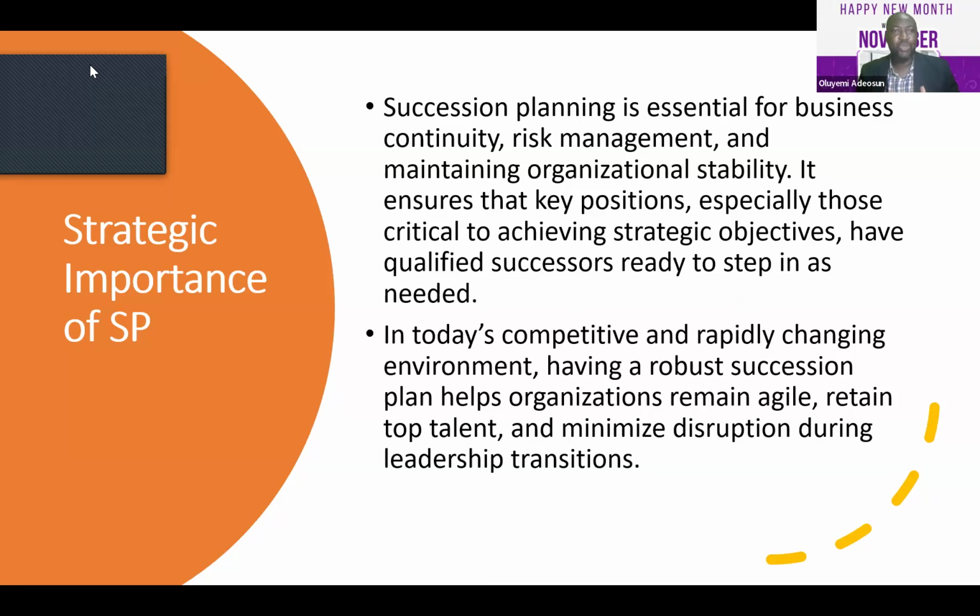Not only will they be there, they will have the capability, the stamina, the knowledge, the competence, the skill sets, the charisma, the candor, the courage, the package to be able to substantially hold office. Succession planning is essentially for business continuity.